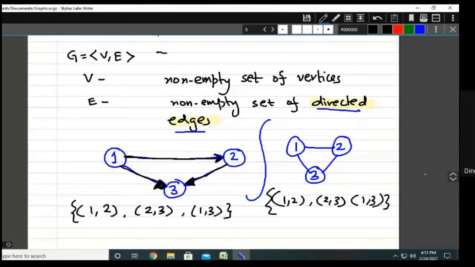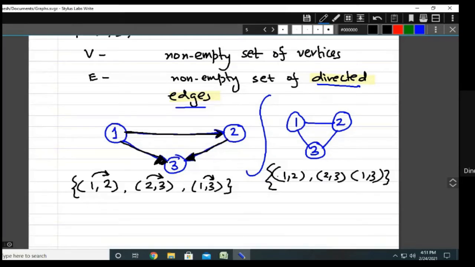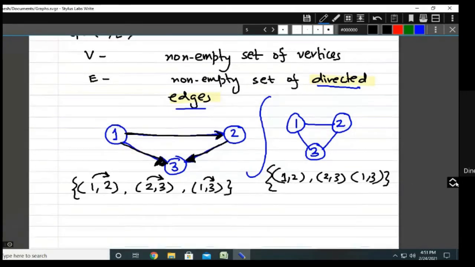When you say directed graph, then this 1 comma 2 has a meaning that it starts with 1 and ends with 2. It starts with 2 and ends with 3. It starts with 1 and ends with 3. So it has a meaning. But when you say undirected graph, it doesn't have any such meaning. The only meaning is what is connected: 1 and 2 are connected, 2 and 3 are connected, 1 and 3 are connected, like that.